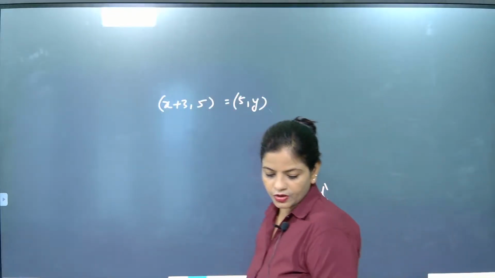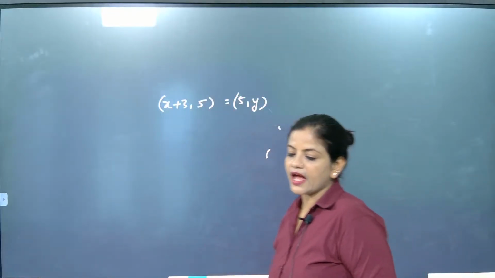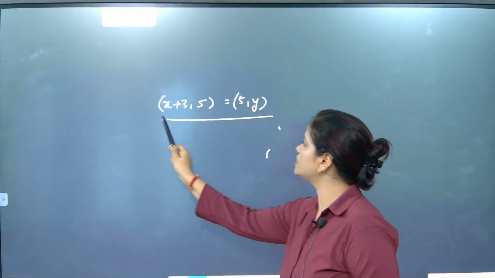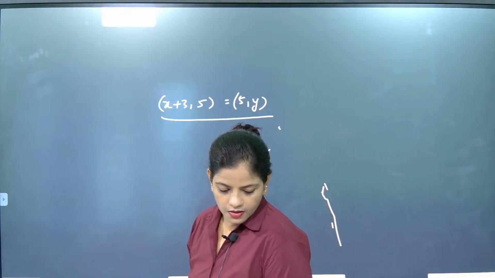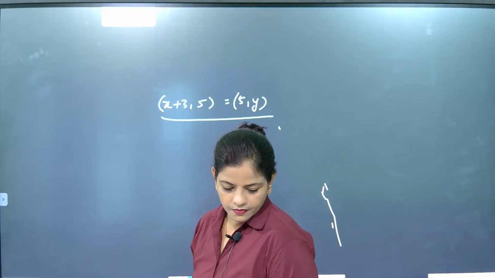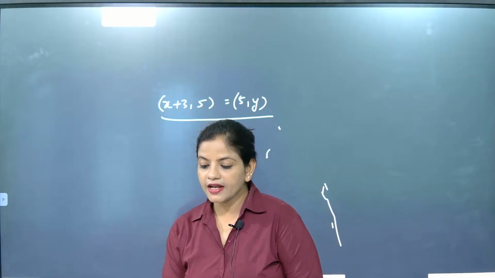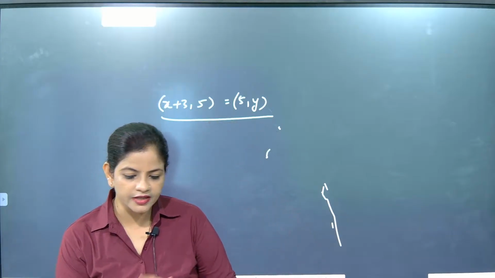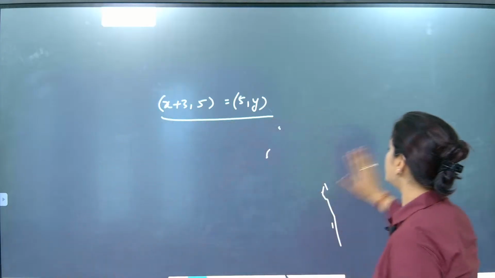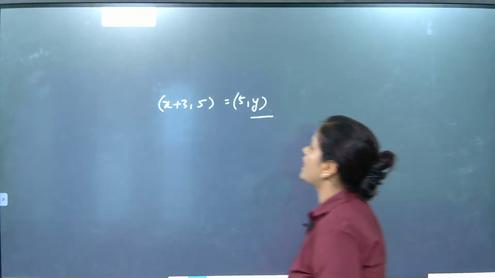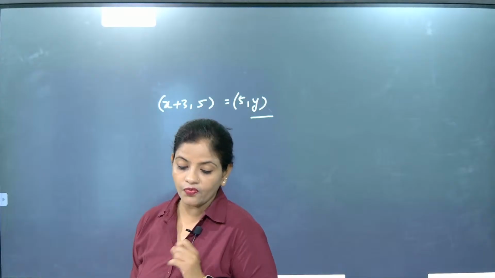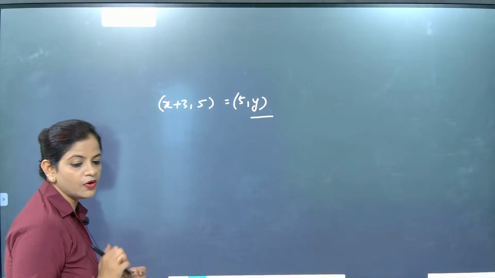Okay. Now the first question is, if somebody asks you this question and tells you that this part is equal to this section, meaning the ordered pair is exactly equal to the other, and they ask you to find the value of x and y, how are you going to solve the question?